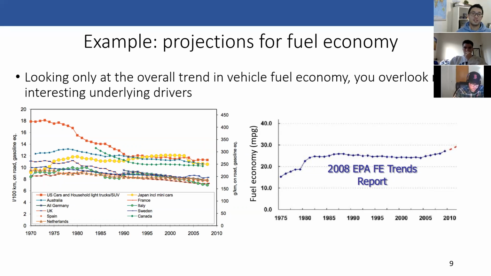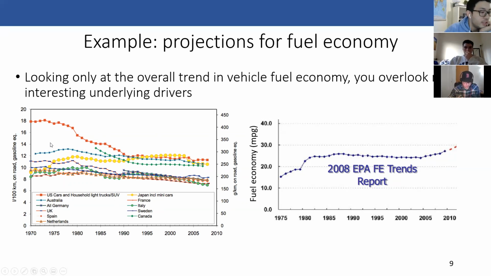this is again to illustrate the point that you may do a good job on the trends, but you could also miss some underlying effects and drivers of these trends. This chart here is a plot of the average on-road fuel efficiency for vehicles sold in a whole bunch of different countries.